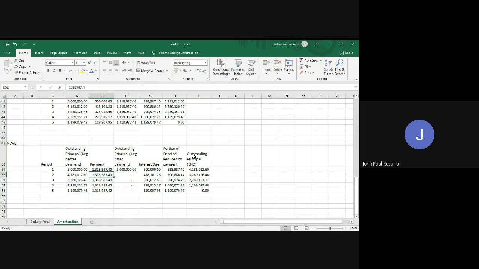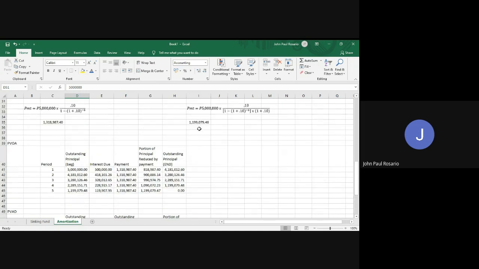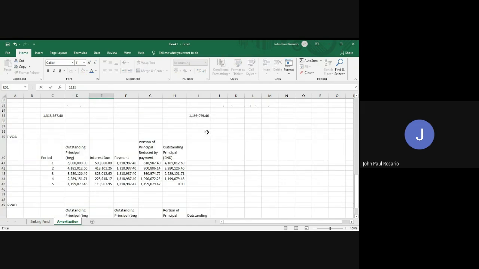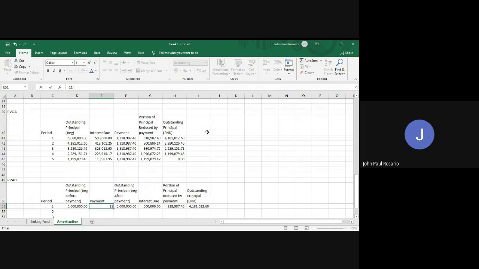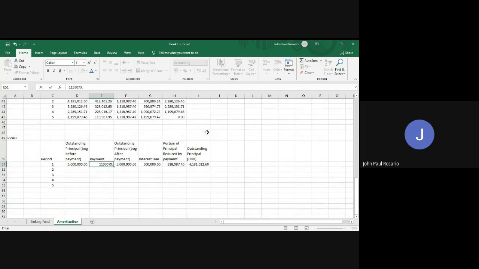So for the first year, let's delete this first. For the first year, our balance is 5 million, but our payment is 1,119,907.46. Okay, so this should be constant for 5 years.